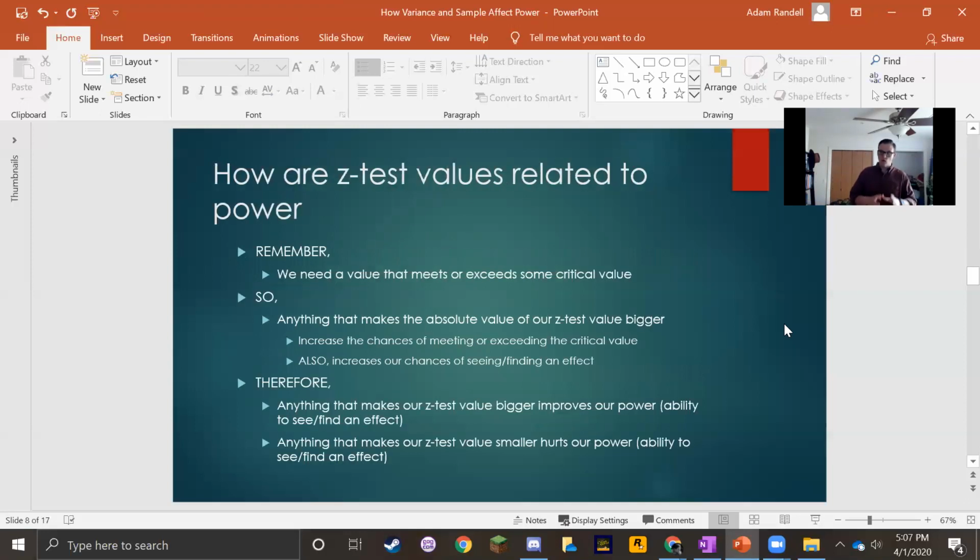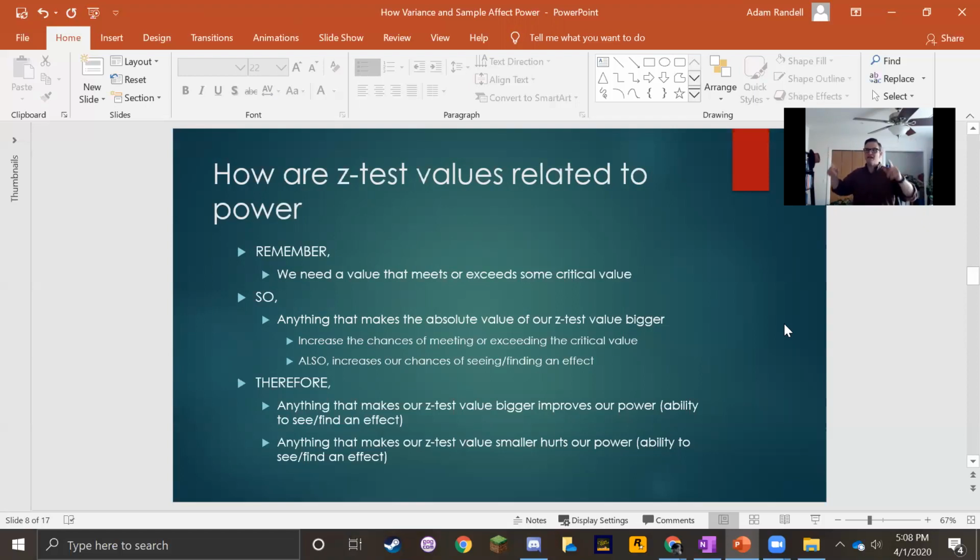So with z-testing, t-tests, f-tests, with any test involving a critical value, we're needing a value, in the case of the example we're using here, a z-test value. We need it to meet or exceed some critical value, meaning we need the absolute value to be big, all right?